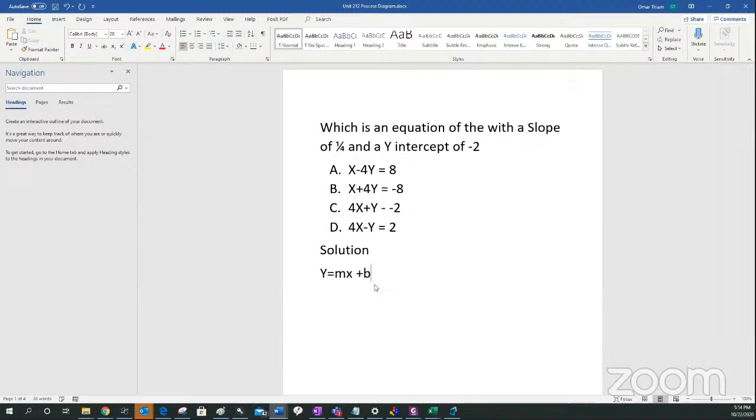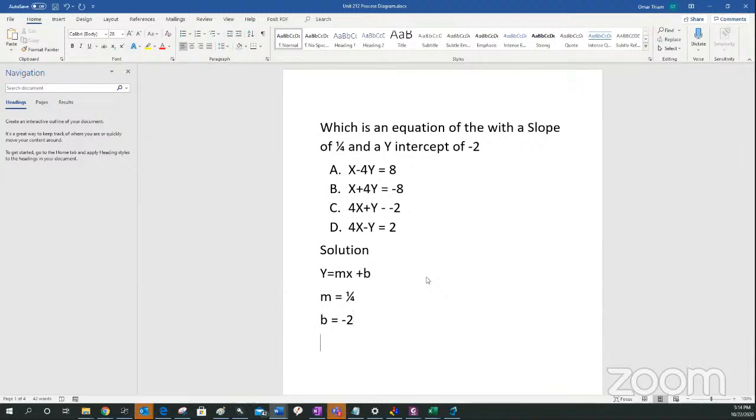In that case, they already give us the slope, so that means our m is equal to 1/4. And what is the y-intercept? The y-intercept is -2, so we know what that means: your b is equal to -2.